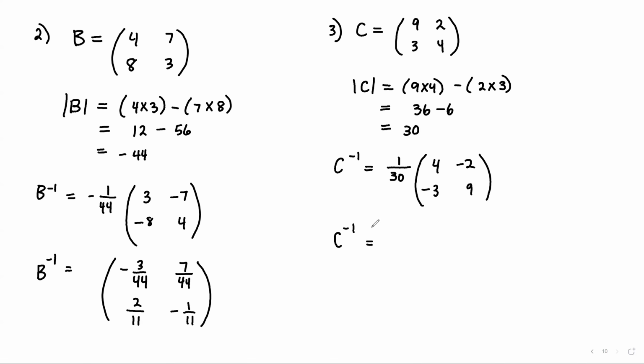So 1 over 30 times 4 is 2/15. 1 over 30 times negative 2 is negative 1 over 15.